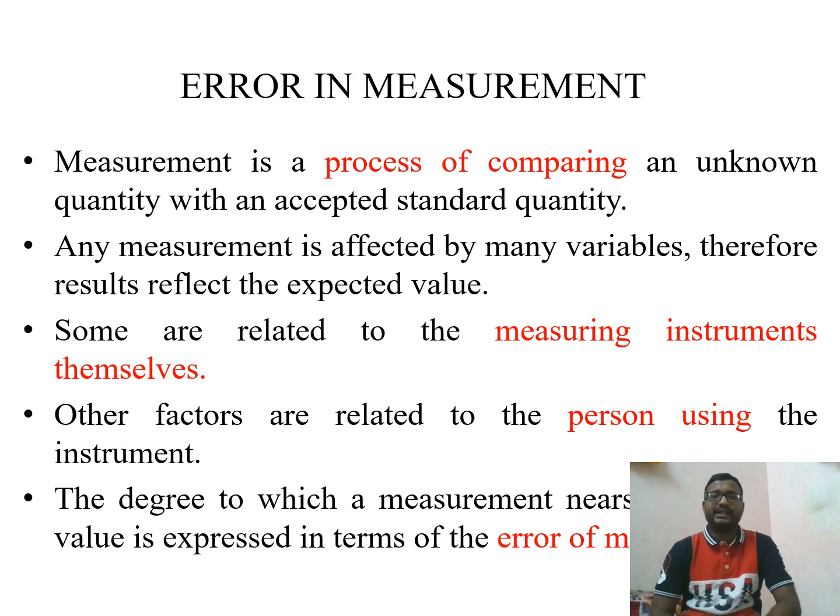And coming to the errors in measurement. Before that, what are the errors in measurement? Measurement is a process of comparing an unknown quantity with an accepted standard quantity. We are just comparing an unknown quantity with a known quantity. That is the measurement. When we compare those two, if errors occur, that is called error.